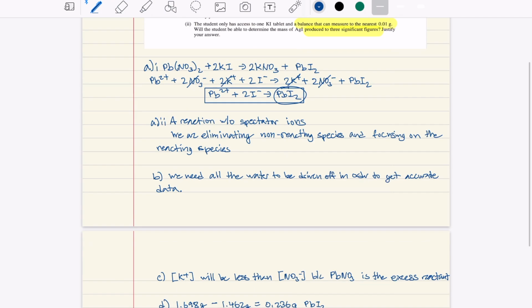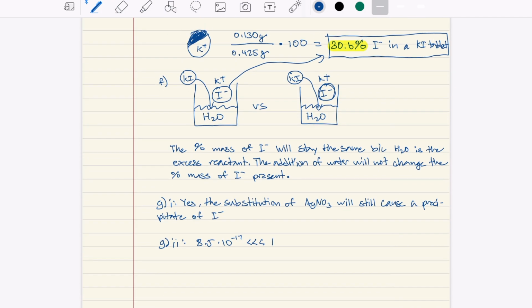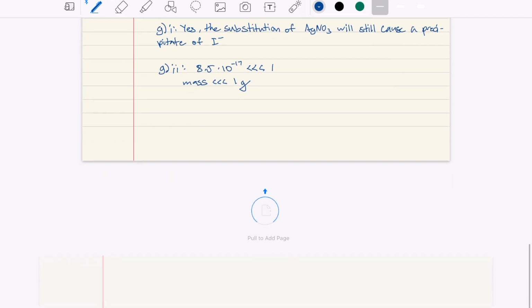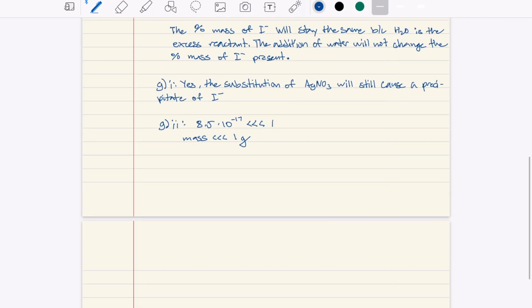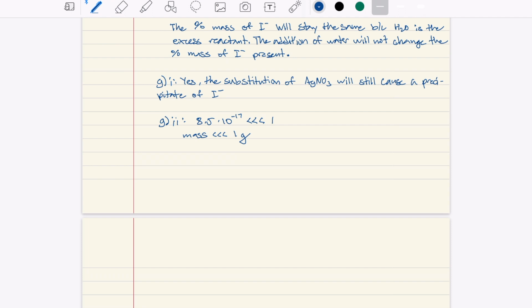It's going to have a mass much less than 1 gram. So let's just pick a number much less than 1 gram, let's say 0.1 for fun.